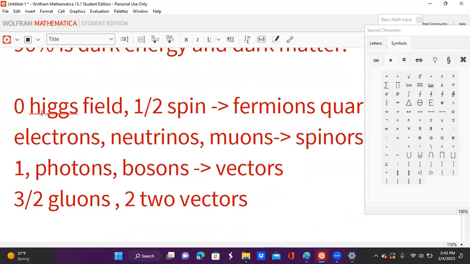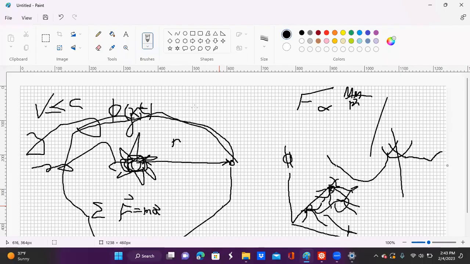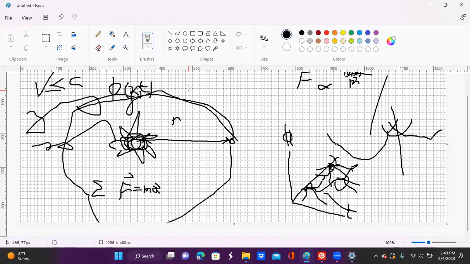Think zero. The Higgs field is just a round object, and then you get the next one, the half spins, which have some property like that, and those are spinners. And then this is a vector. These are all the things that can interact in fields.